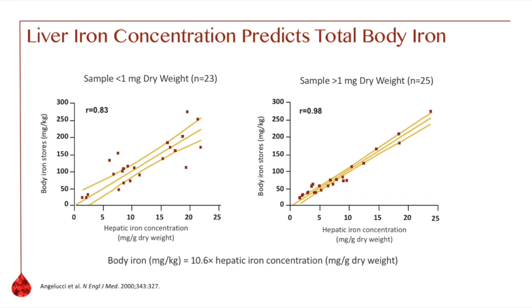They are less invasive, they are much less susceptible to sampling errors, and they can also assess iron in organs where biopsy has unacceptable risks. They also provide concurrent assessment of organ damage.